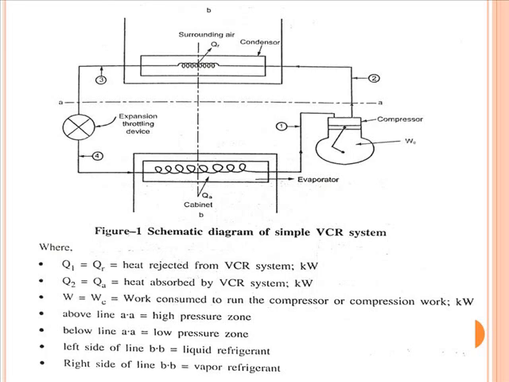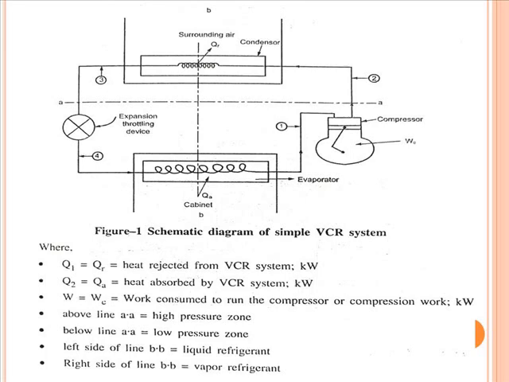So at state 2 we will get high pressure, high temperature refrigerant in vapor form. Again, at the outlet of the compressor is high pressure, high temperature refrigerant in vapor state.